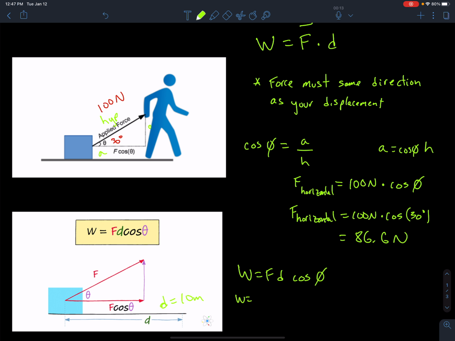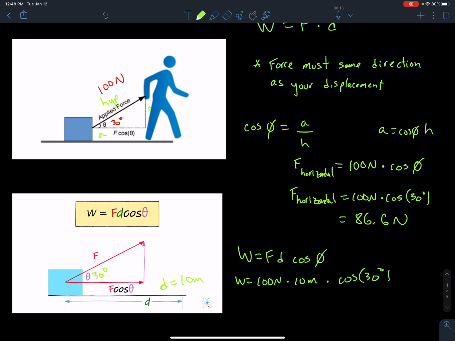The work is going to be 100 newtons times 10 meters times cos of 30 degrees, if that was my 30 degrees like the last problem. And then we're left with the work that I had to do being 866 joules. And that's how I would solve how much work I had to do to drag something across a floor.